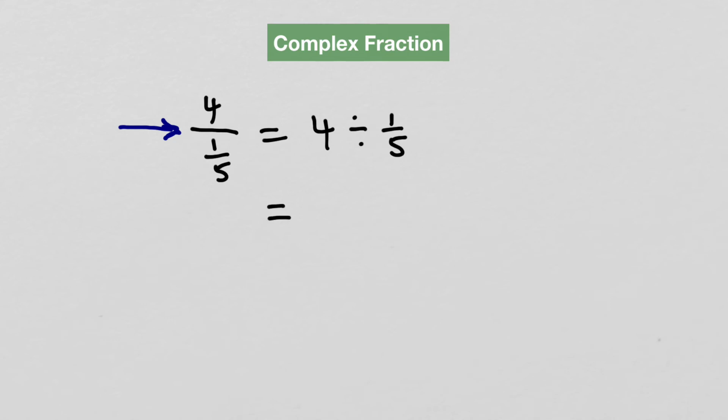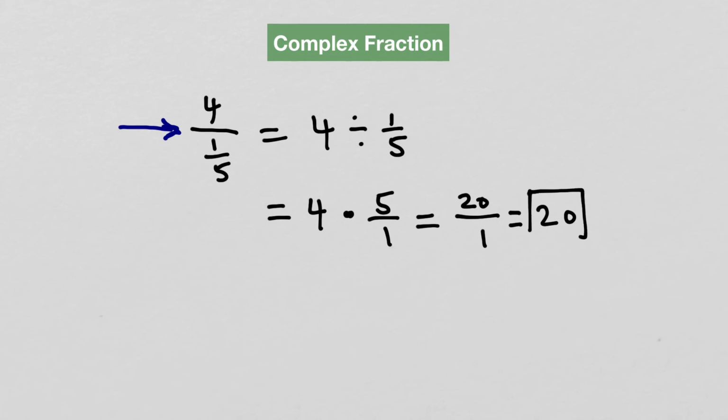That is the same thing as 4 times the reciprocal, which is 5 over 1. Okay, so we multiply across the numerator. 4 times 5, it's 20 over 1, which is equal to 20. And that is your answer.